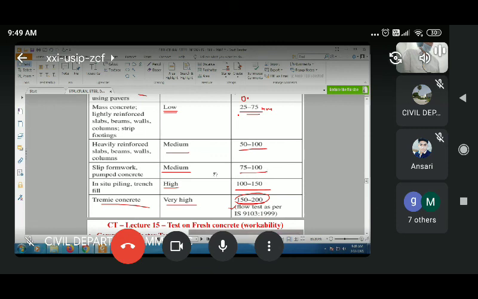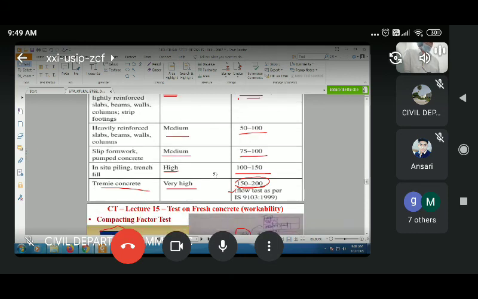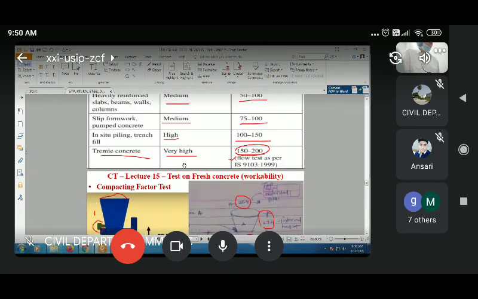For pumped concrete, medium degree of workability, we need a slump value of 75 to 100 mm. And if you are placing in situ piling or trench filling, because of the narrow section, a high degree of workability is required, and the slump value will be 100 to 150 mm. If very high degree of workability, for flowing concrete, we cannot measure the slump.